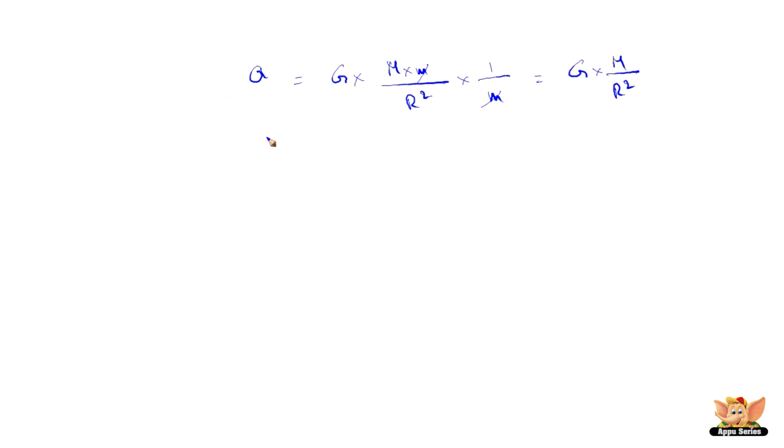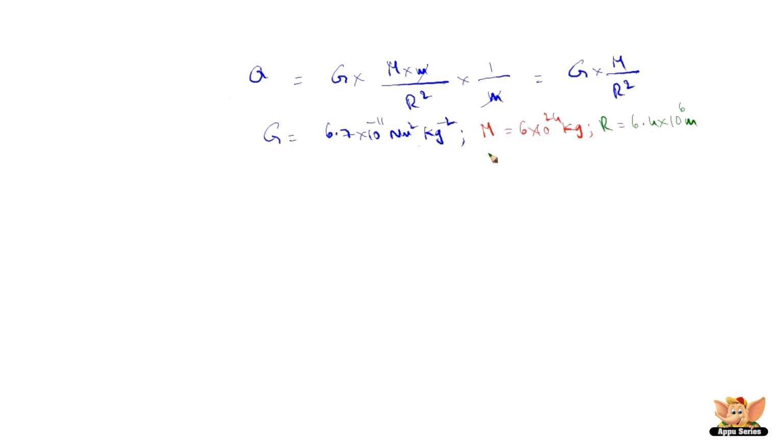Now we know what G is. G is 6.7 into 10 to the power minus 11 Newton meter square kg minus 2. Capital M, the mass of the earth, is 6 into 10 to the power 24 kg. And the radius of the earth r is 6.4 into 10 to the power 6 meter.